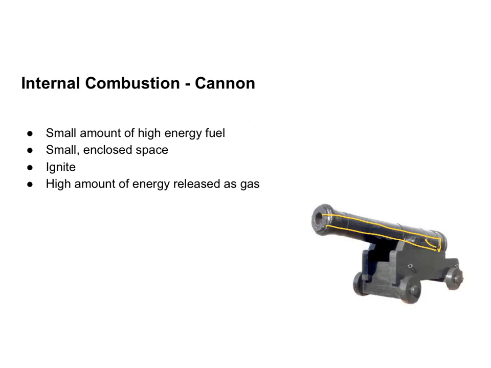When the gunpowder is ignited, usually with a flame and a wick, an explosion happens, and that explosion fires a cannonball out of the cannon. That explosion happens inside the cannon, and so it's internal combustion in a small enclosed space. And because it happens inside that small enclosed space, a high amount of energy is exited out of the cannon.